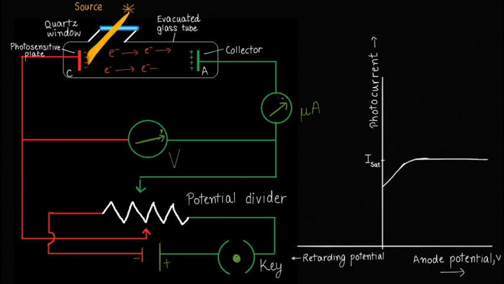Now let us start decreasing the potential. If I decrease the potential, the photoelectrons generated also decrease, so less photoelectrons are generated. Now let us say at zero potential, there is still a current flowing.